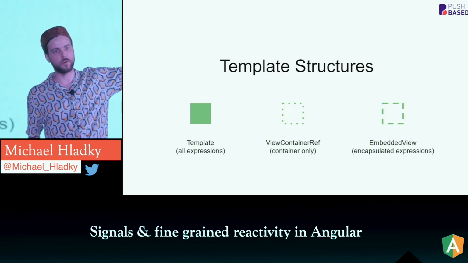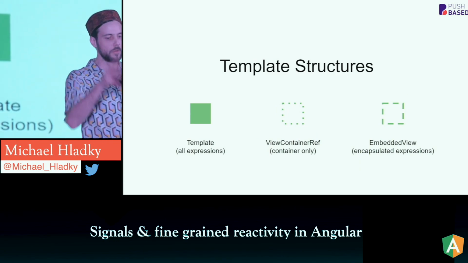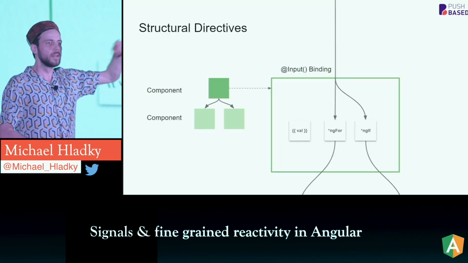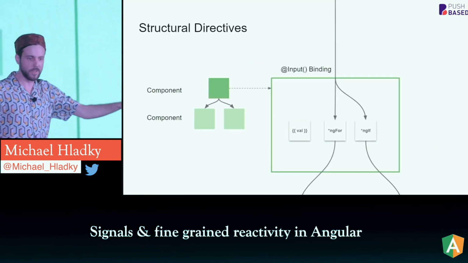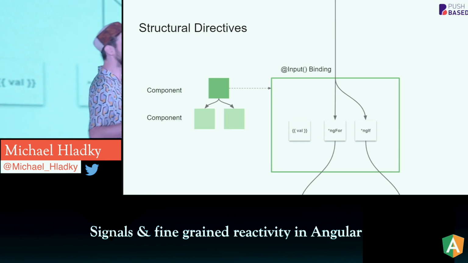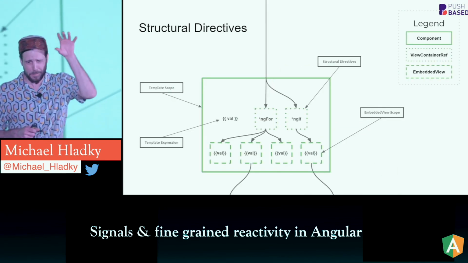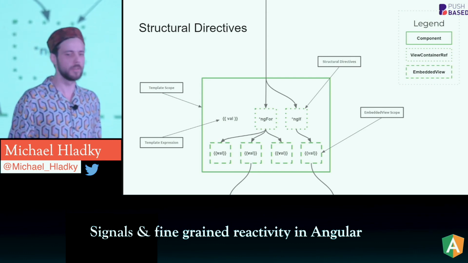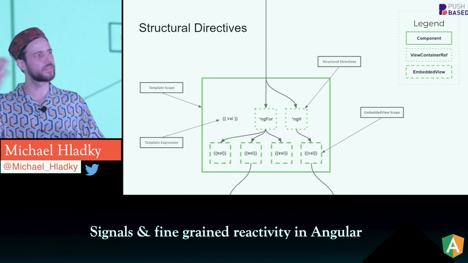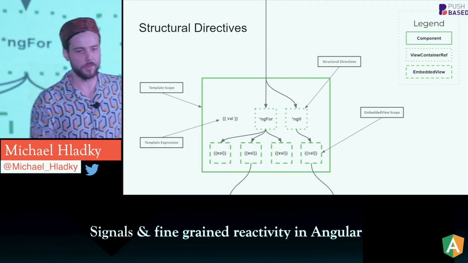We have green square component, dots, view container ref, dashes, embedded view. If I zoom in a component tree into one single component, we have like a value binding and two structural directives. And if I zoom into that stuff even more, we see structural directives are view container references that hold one or many embedded views.